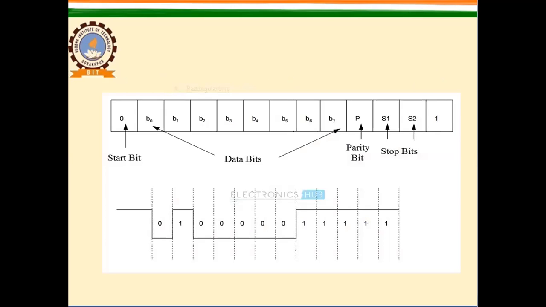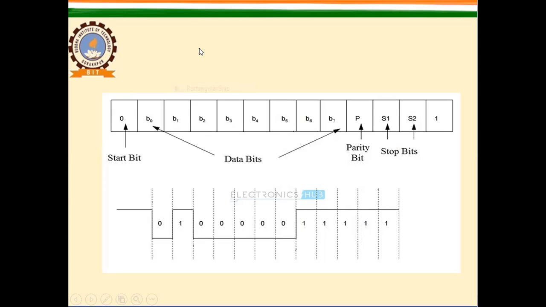So this is the format of data which is sent between DTE and DCE using RS232. In this format, you see that the first bit is naturally the start bit, that is logic 0. Then it consists of 8-bit data from B0 to B7.